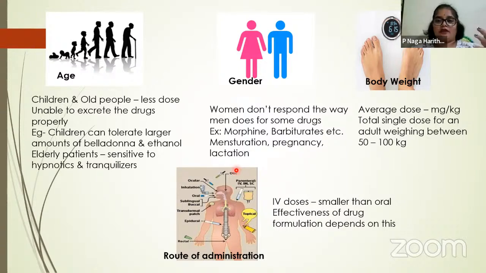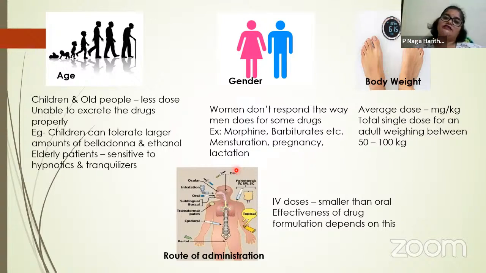So if you thought the answer would be less than 100 mg, then absolutely you're right, and applause for you, right? So here, why less than 100 mg does it have to be given? Because the drug is directly entering into the blood.